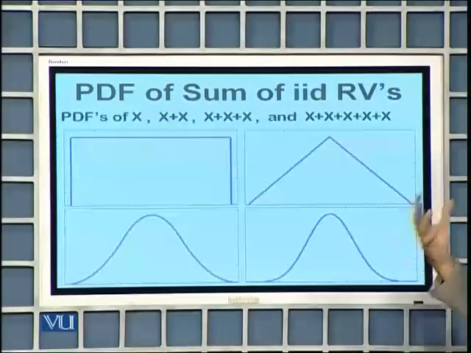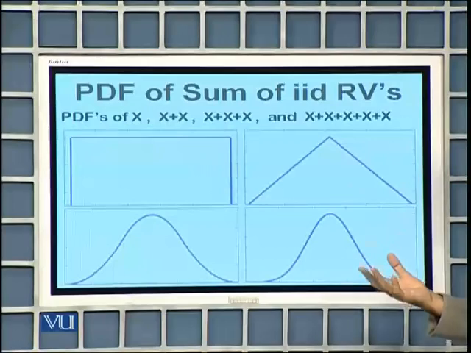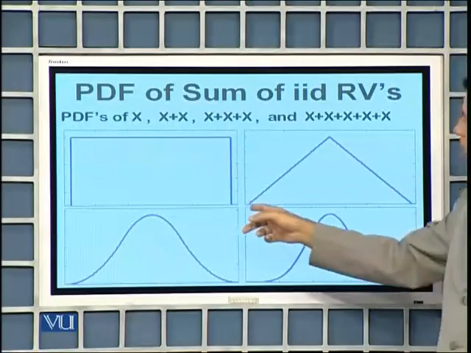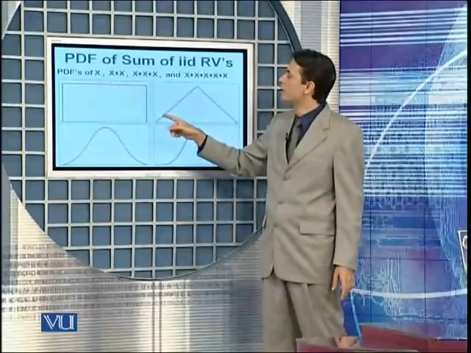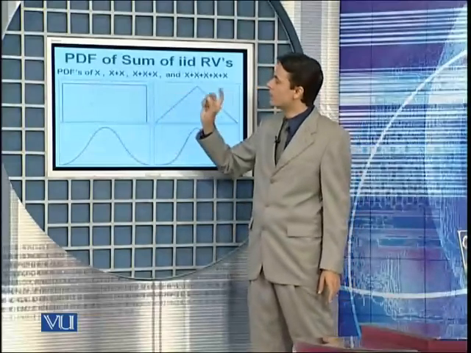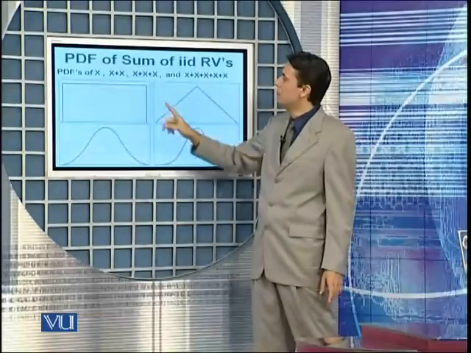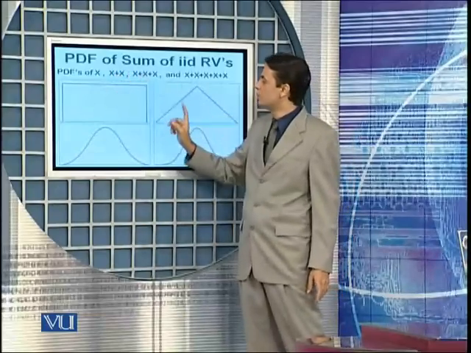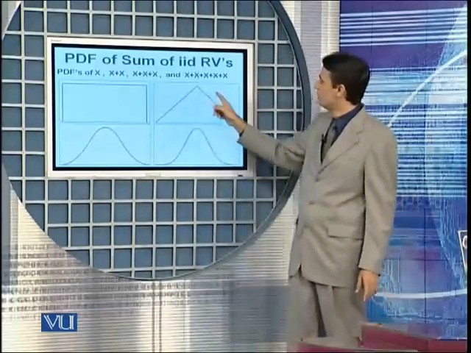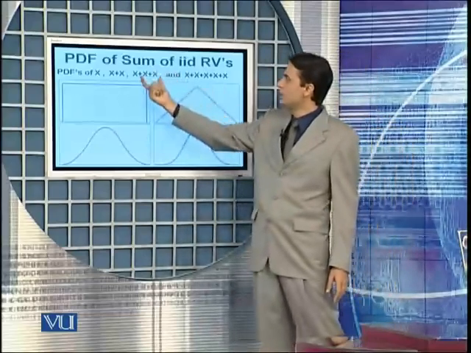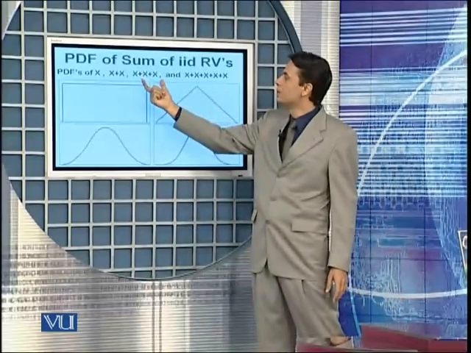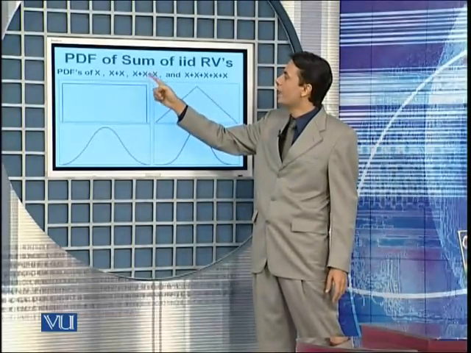If you sum two independent random variables, the PDF of both of them being this uniform, then the PDF of the transformed random variable z, which is the sum of the two independent random variables, will be triangular in shape.